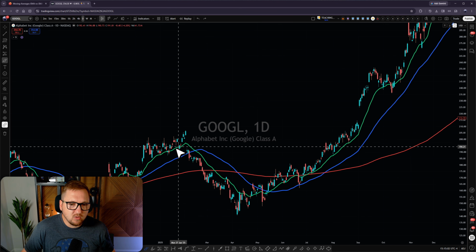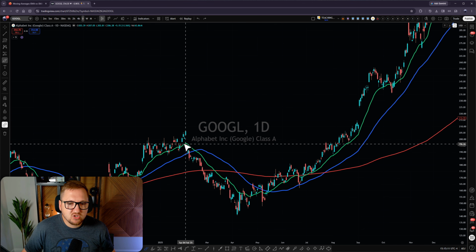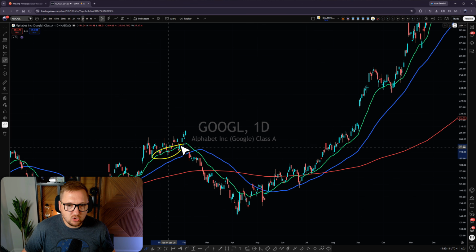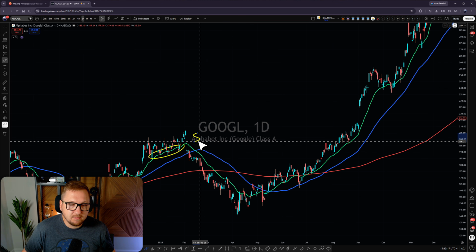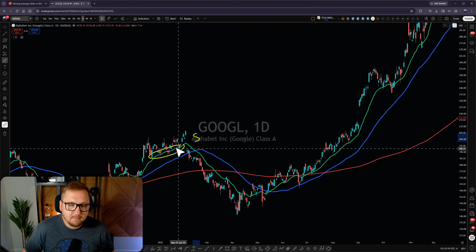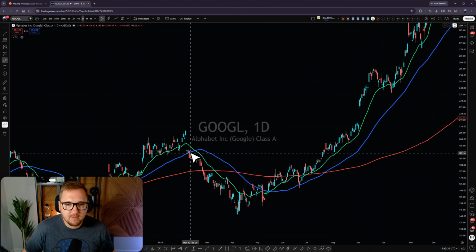But what can happen when you start testing the EMA in quick succession over a shorter period of time, say like a month or so, is this starts weakening your support, right? Because all these times it hit here, that's support. It's supporting price and sending it higher. But eventually it breaks below the EMA, as we saw here. And once it breaks below the EMA, things got very bad very quickly.